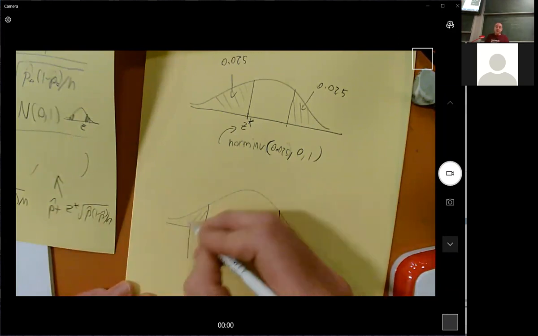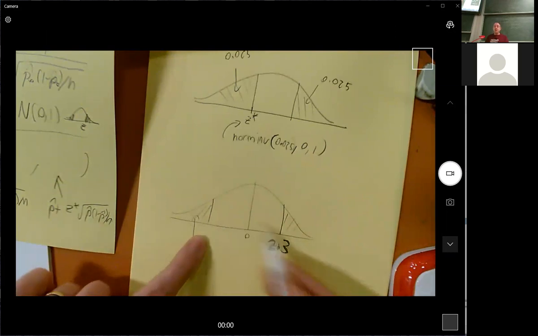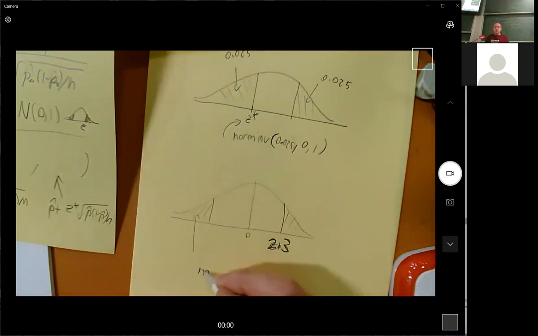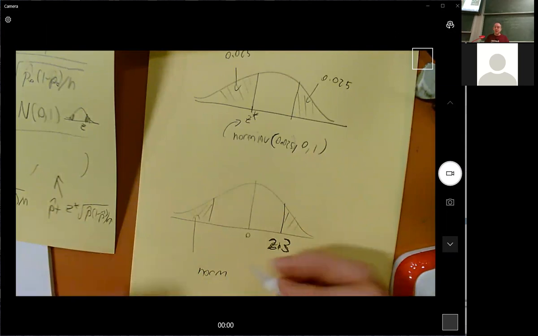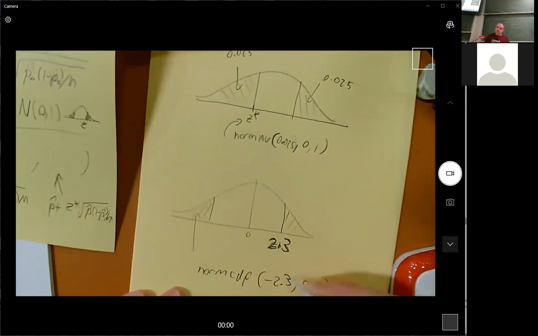So I would choose the negative version. It would be norm dist, is it? CDF, yay! And I would put in minus 2.3 and the 0 and the 1, and it would tell me what this bit is. And so the p-value, because there's two of them, would be 2 times that answer.